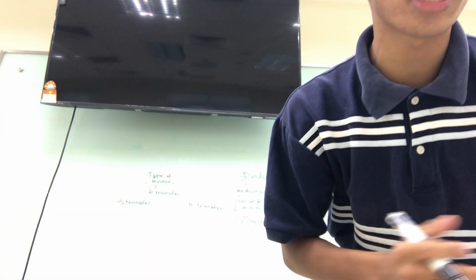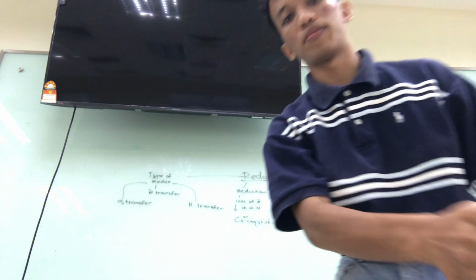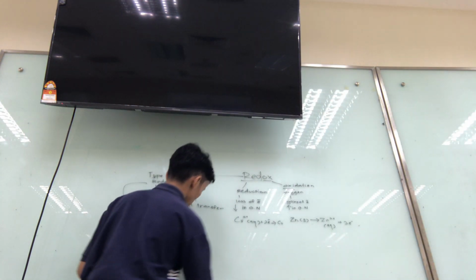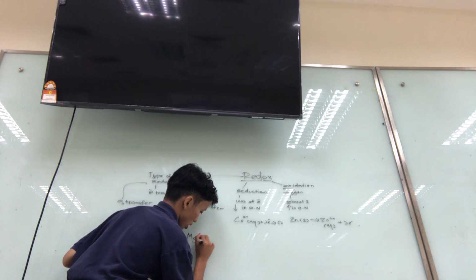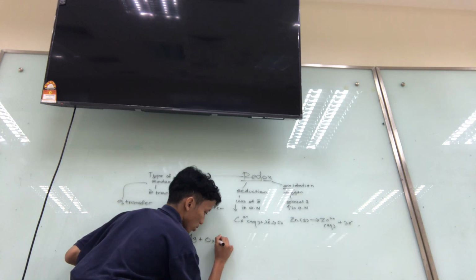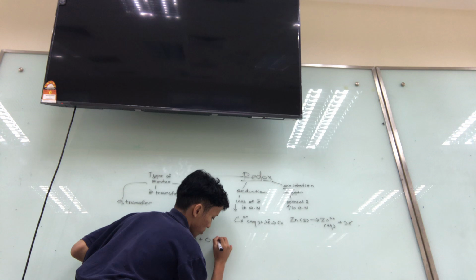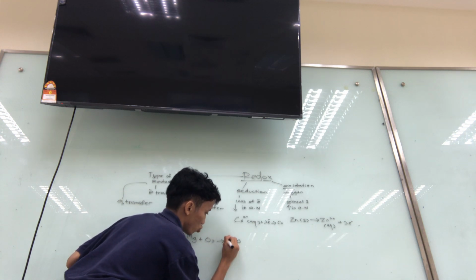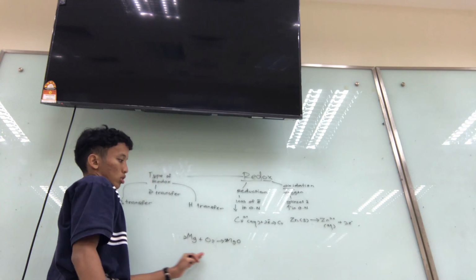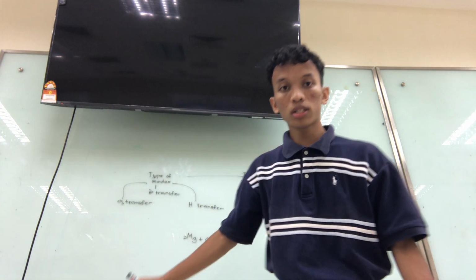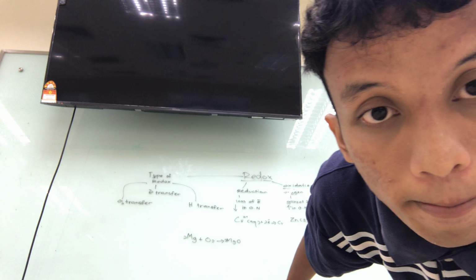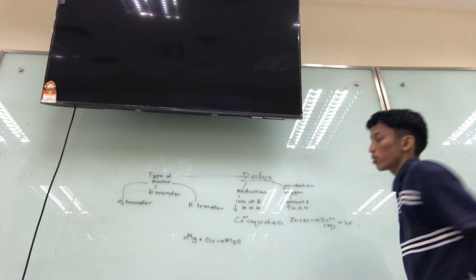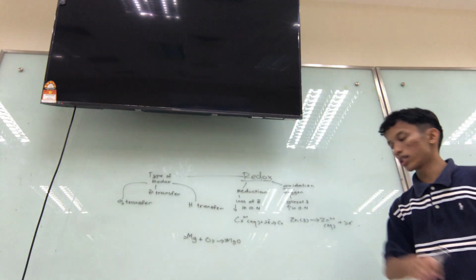Let me give you a simple example. We have magnesium and oxygen. It's going to be magnesium oxide. From this reaction, we know that magnesium gains oxygen.